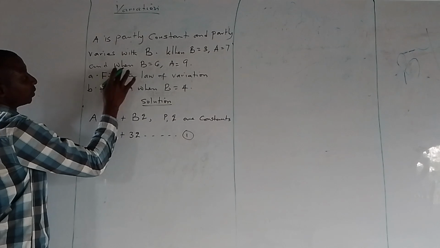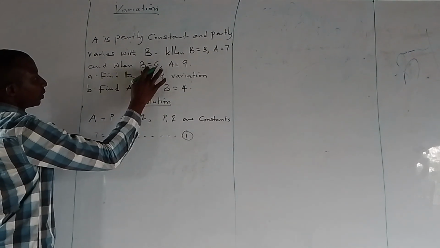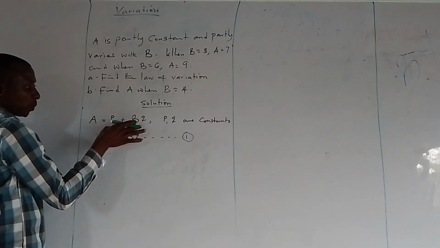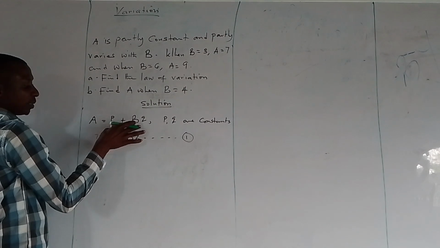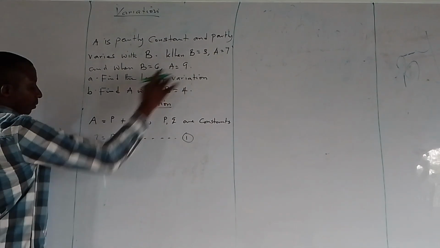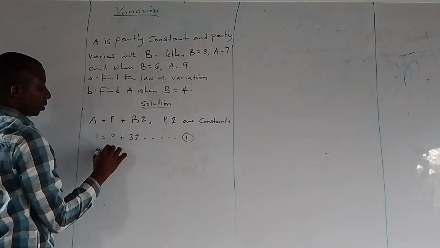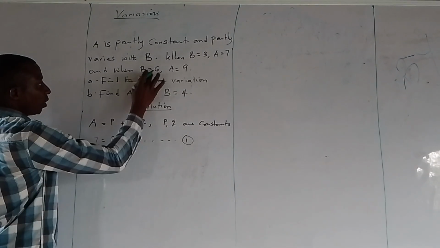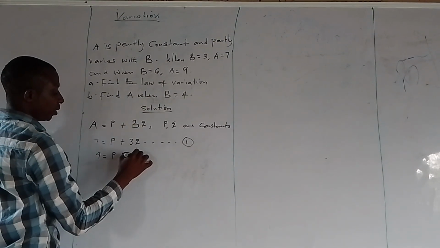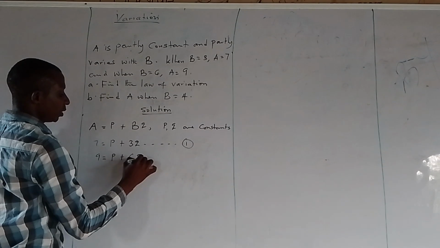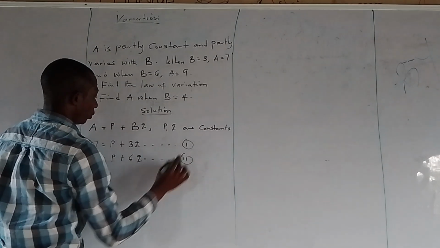Also, we are told that when B is 6, A is 9. We substitute inside this equation again. A is 9, so we have 9 equals P plus 6Q. Equation 2.